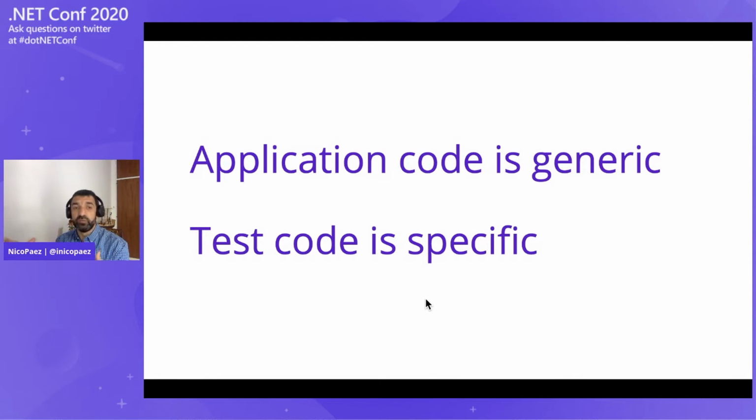You have to manage several situations, but your test code is specific. In each test you are addressing one specific test case, right? That implies that when you are testing your application, it's possible to have much more test code than application code, right? That's not infrequent when you practice test-driven development, right?